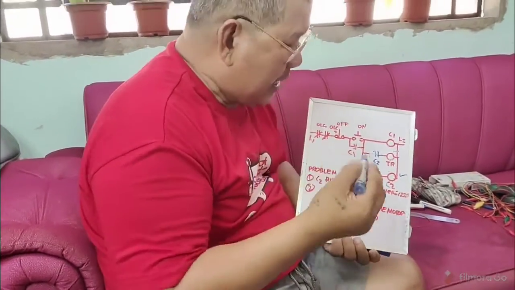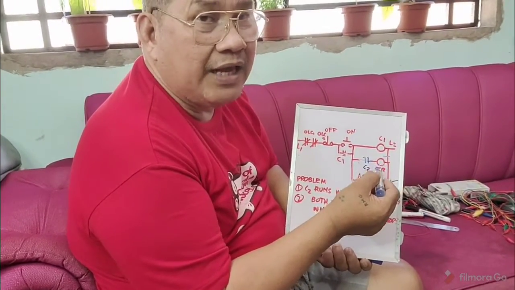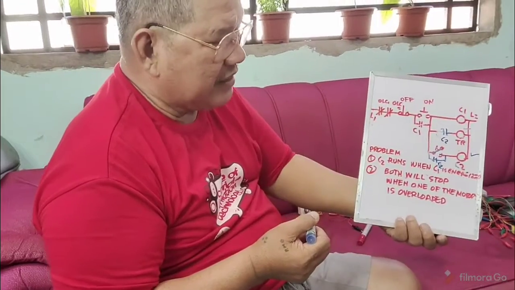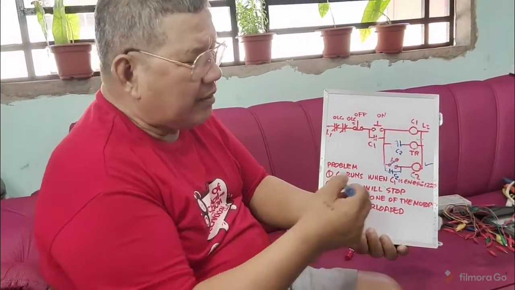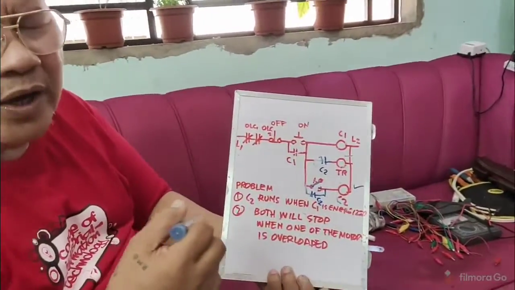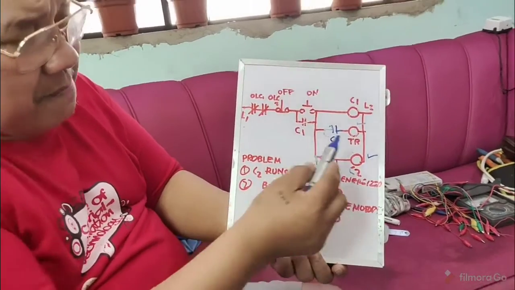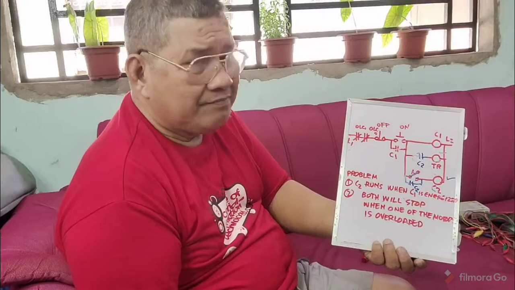But for me, I prepared this one so that I can preserve the life of the time delay relay. That is it. The same condition will happen, but it is another way of making a diagram by preserving the time delay relay.